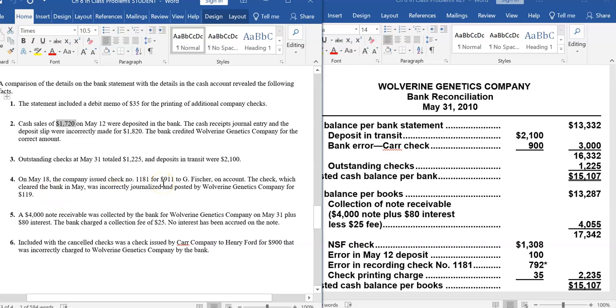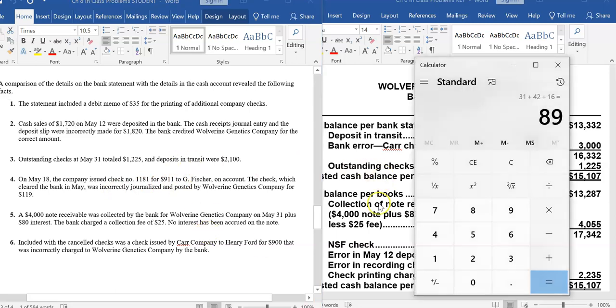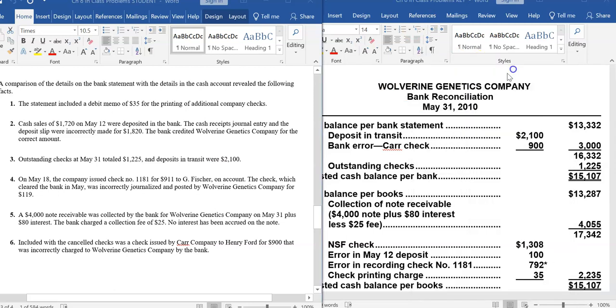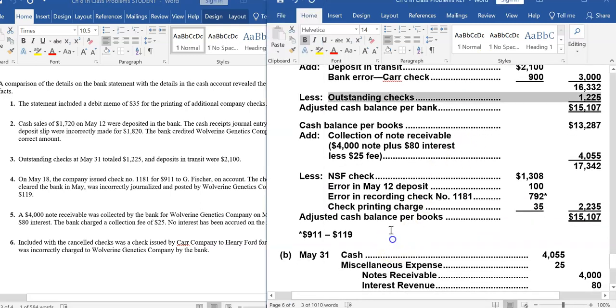The bank properly processed it for 911. That means that when we recorded this into the general ledger, it should have been recorded for 911. It was only recorded for 119. We didn't decrease cash enough. We should have decreased cash another $792. So we are going to show this on the book side of the reconciliation. We need to decrease or subtract from cash an additional $792 to correct that error.